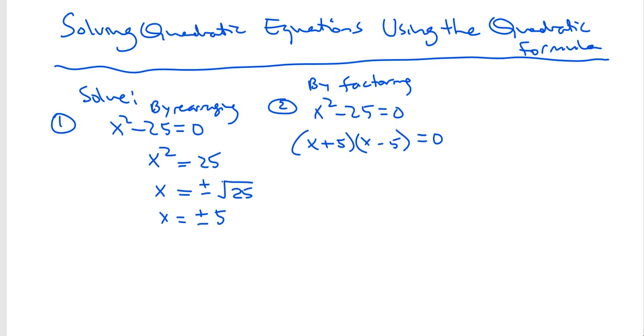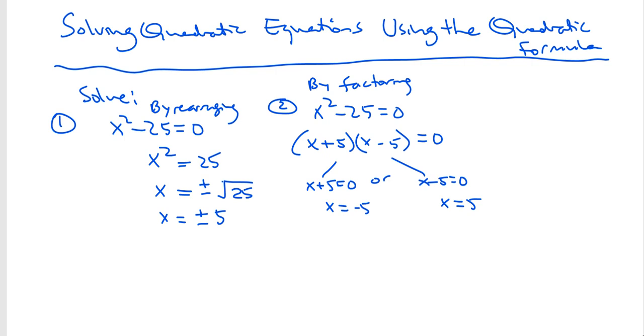Solving by factoring says if I have two quantities that multiply to make 0, the only way that can happen is if one of them is 0. So either x plus 5 equals 0 or x minus 5 equals 0. In the case on the left, x equals negative 5. In the case on the right, x equals 5. And that gives us the same two solutions as method 1 by rearranging.